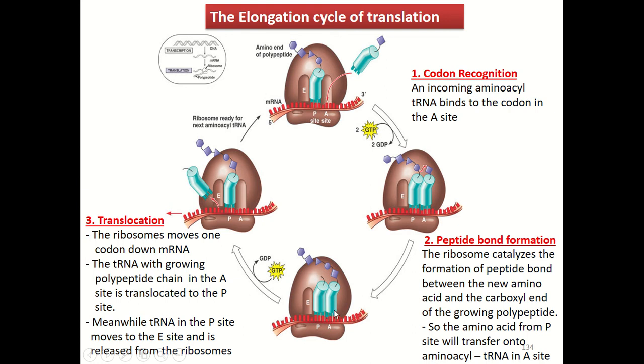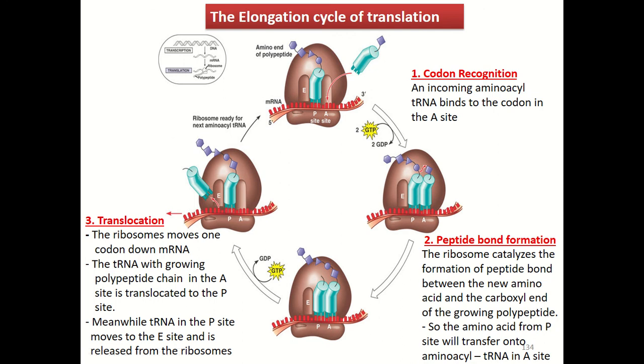So A will move to the P site, meanwhile P will move to the E site due to the movement of the mRNA transcript. So the tRNA with the growing polypeptide, now at the A site, translocates to the P site. Meanwhile, the tRNA that was at first at the P site, free of amino acid, will move to the E site and then release from the ribosome.